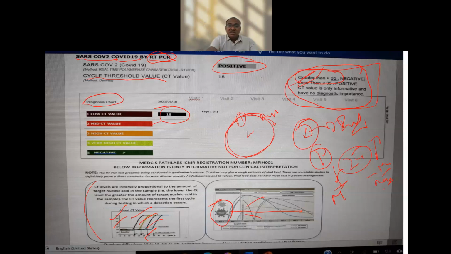The same way, in this laboratory report which has been generated here, you can see the positive, the CT value is 90. So this I call an analysis of this particular report. So I need not stick to one English word, calling it positive or negative. You got it here.